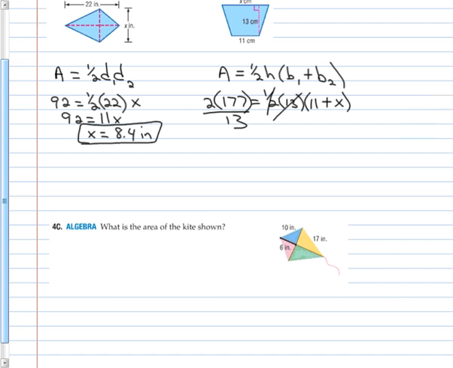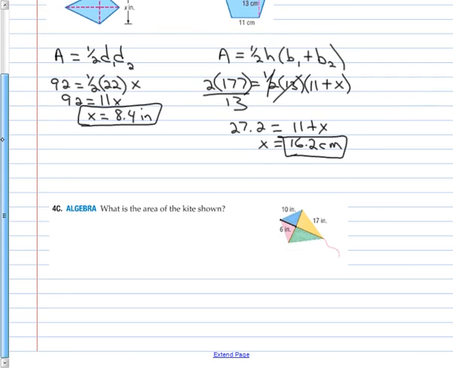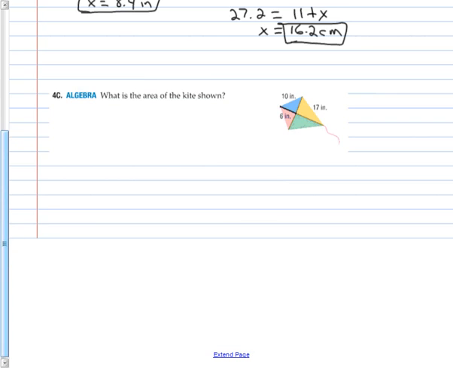Have you gotten this number? 27.2. And all that is left is subtract by 11. 16.2 centimeters. What is the area of the kite shown?